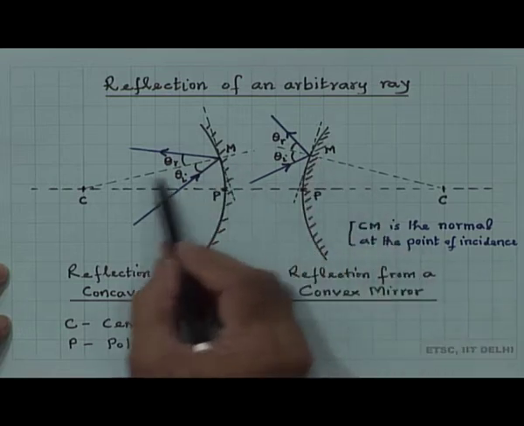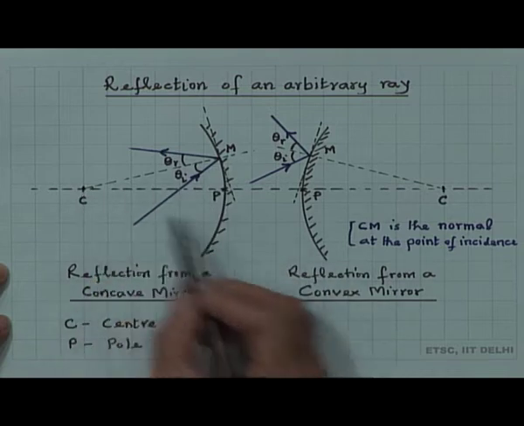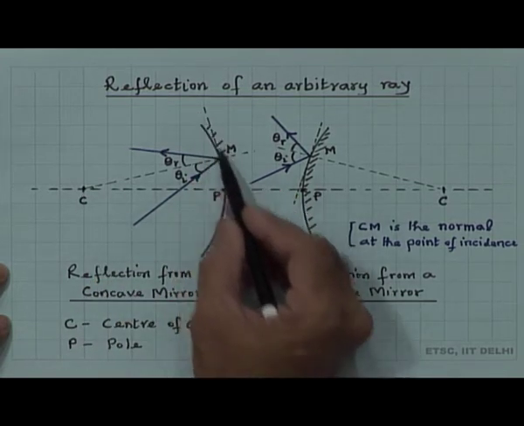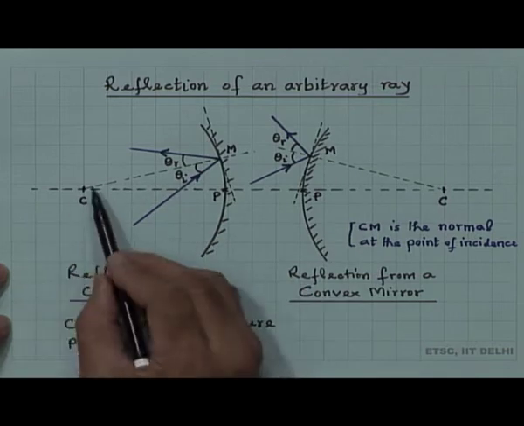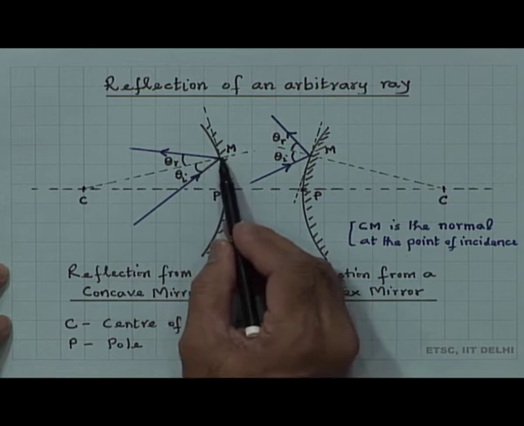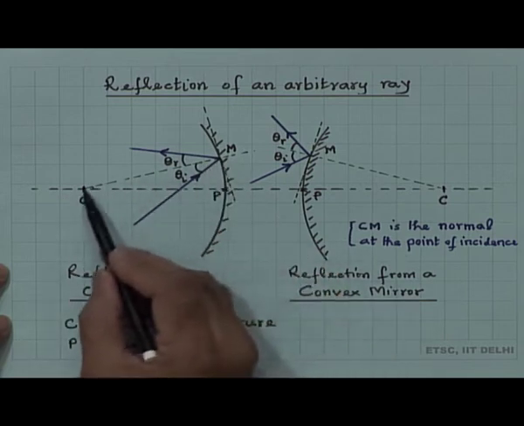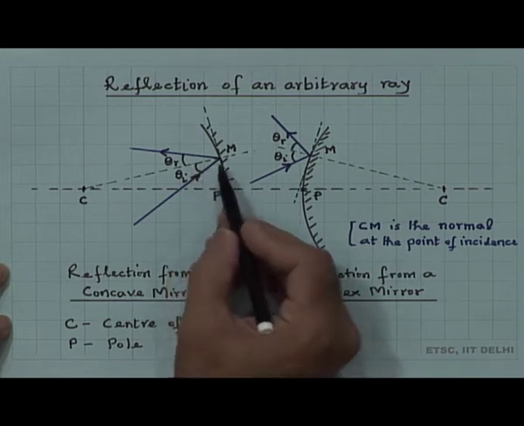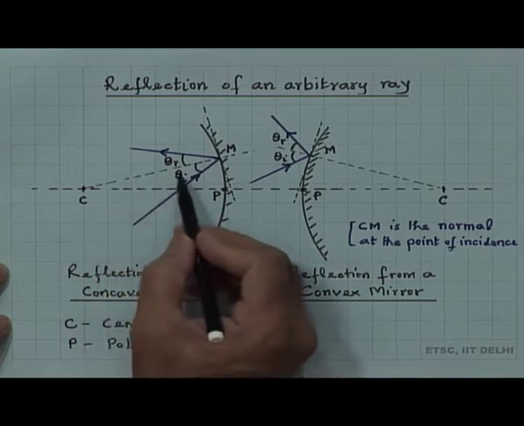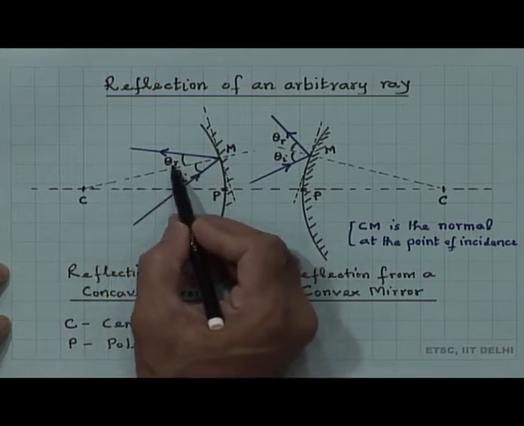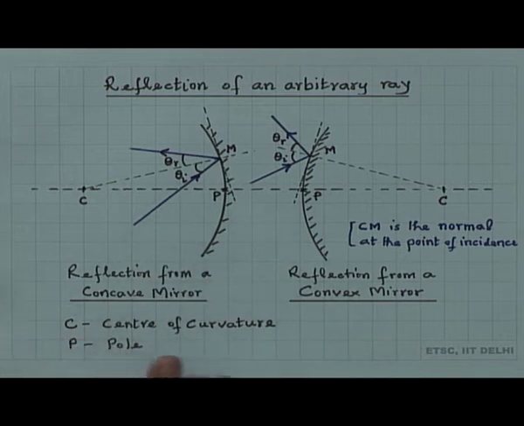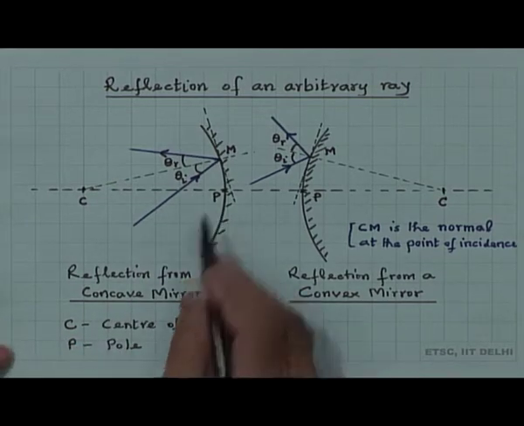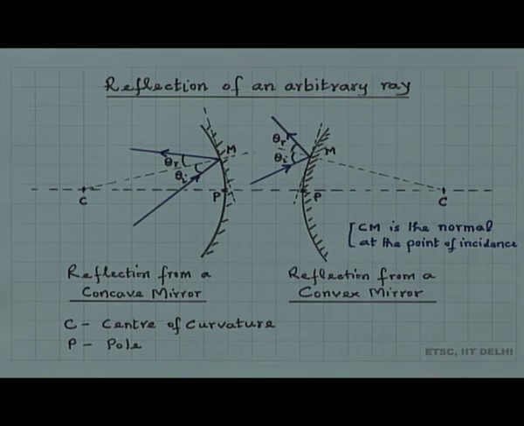Therefore, to locate the normal, there is no need of drawing a tangent. You simply link the center of curvature to the point of incidence and you have the normal to the surface. Then, if the incident ray makes an angle theta i, the reflected ray will be in a direction where theta r is equal to theta i. So, reflection from a concave mirror and reflection from a convex mirror, reflection of any arbitrary ray.